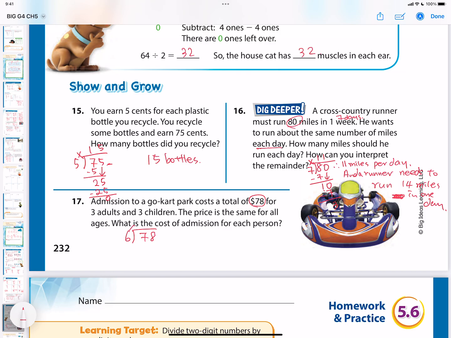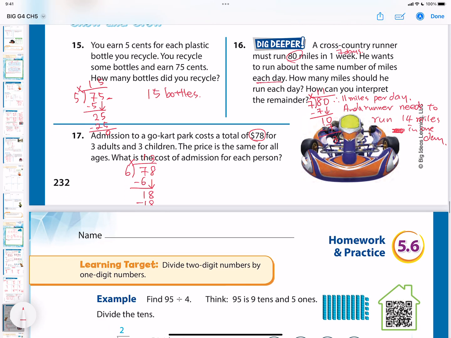Now 6 times 1 is 6. Subtract and bring it down, 18. And 6 times 3 is what? 18. When you take away, nothing left over. So the answer is what? $13 per person. All right. So this long division is easy and fun to play, right?